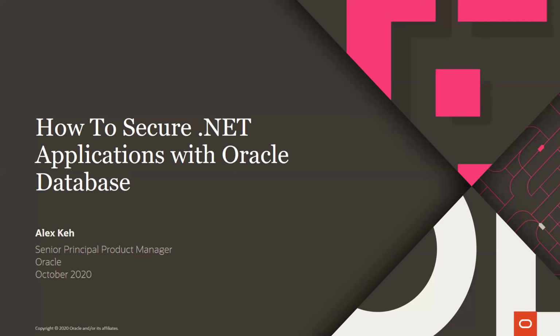So we won't be talking about security in general or security in the database per se, but what you can do as an application developer to better secure your .NET application when you're using the Oracle database. What are the options available to you?